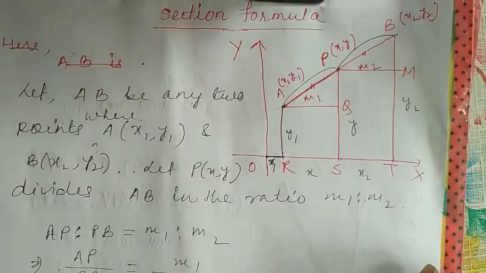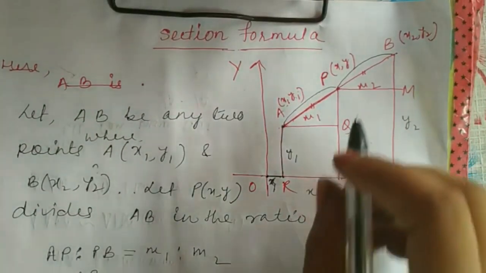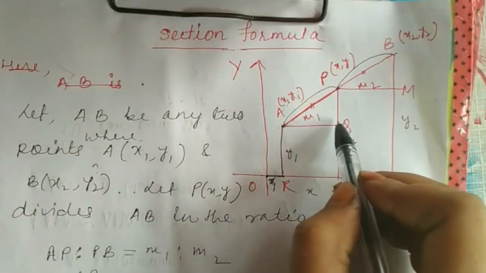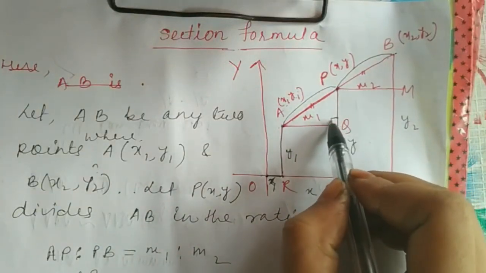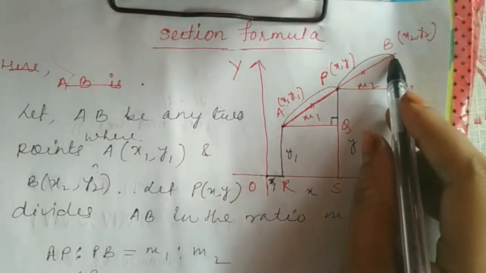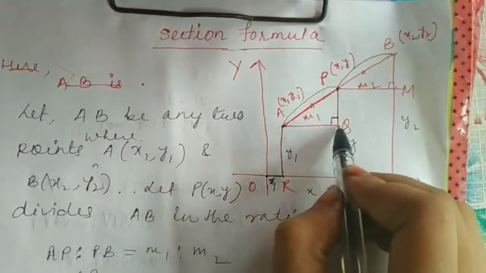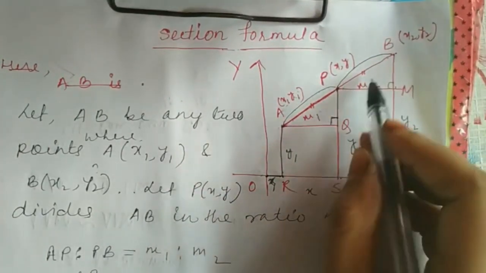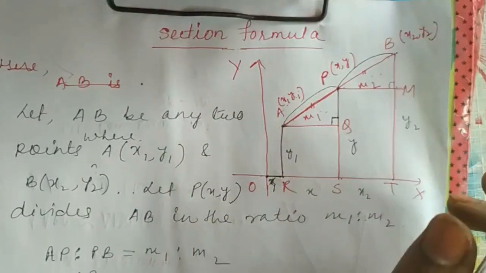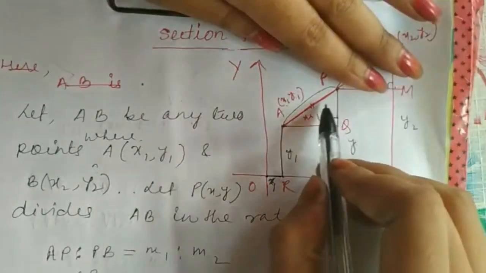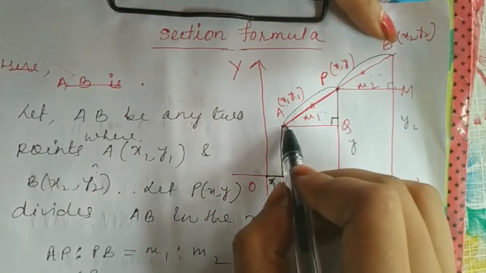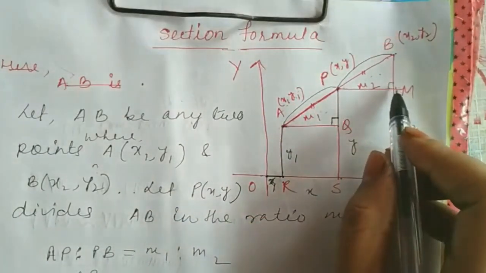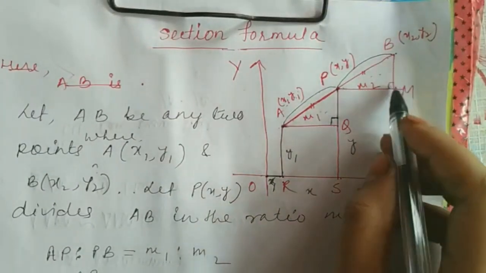Now from this we have to find PQ and BM, and AQ and PM, because here there are two triangles. In the distance formula we found only one triangle, but here there are two triangles.